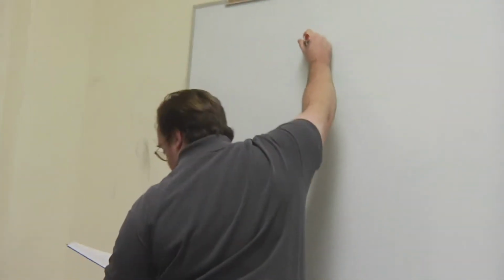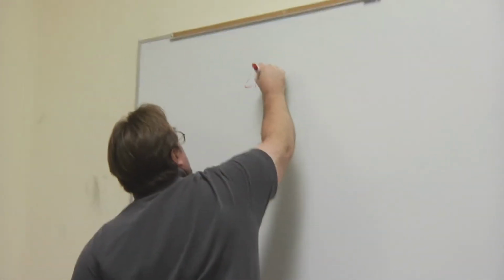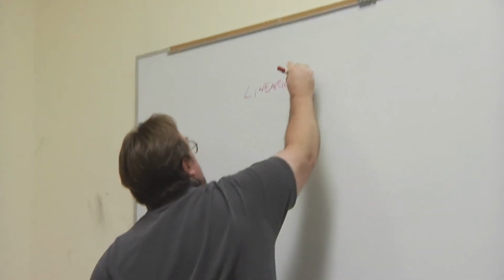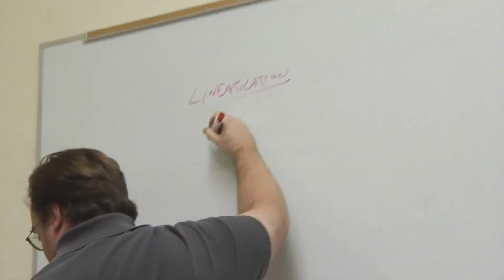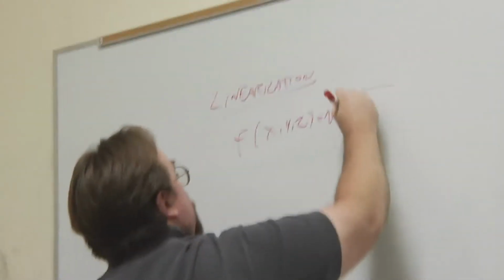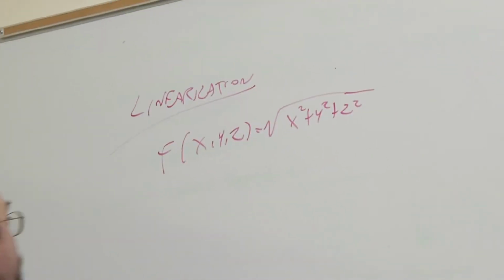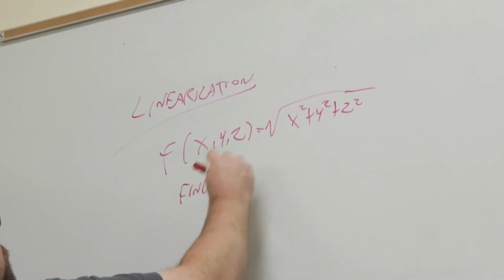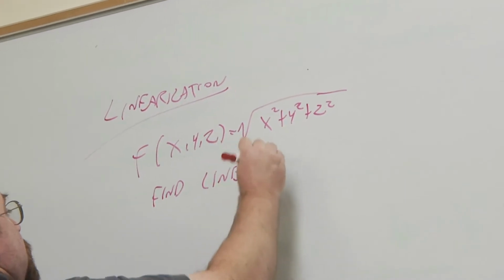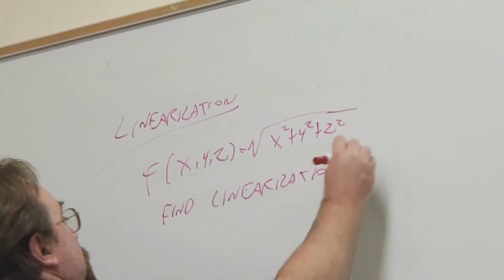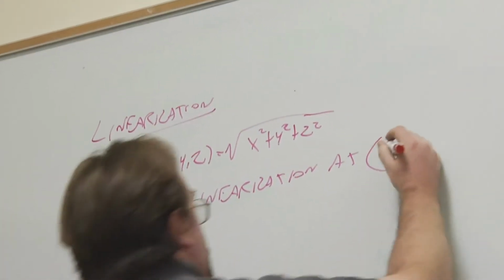Suppose you have, this is about linearization. So we have f of x, y, z equals the square root of x squared plus y squared plus z squared. Find the linearization at the point 3, 2, 6.